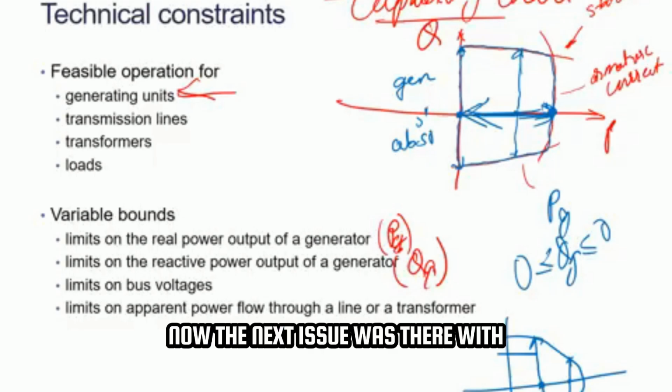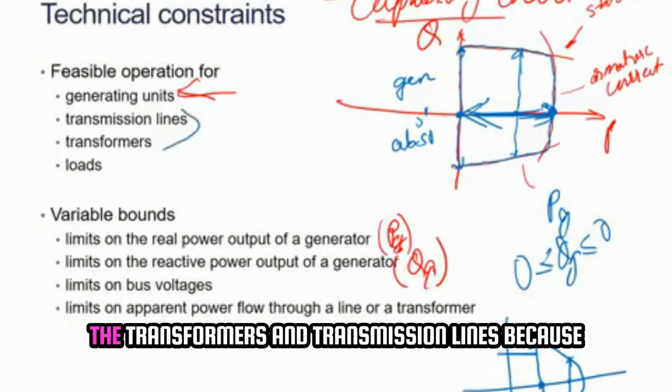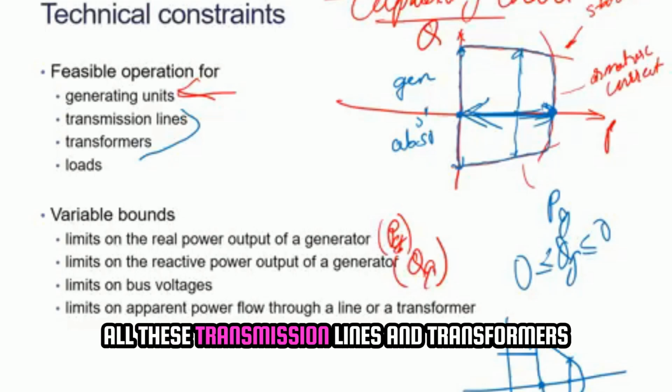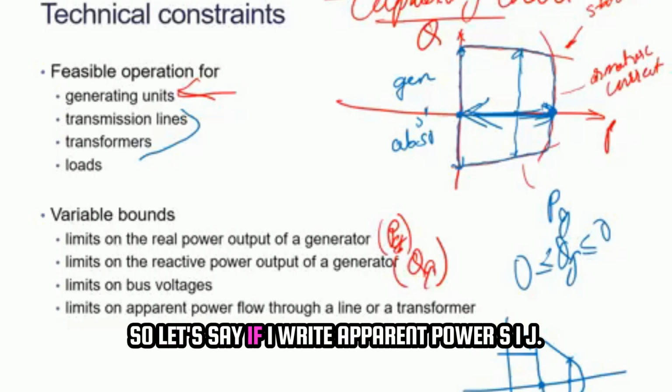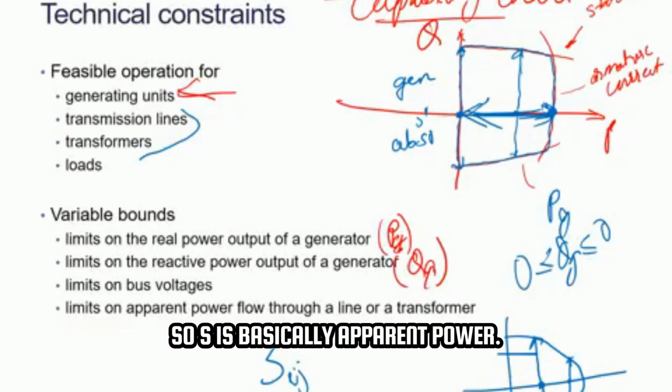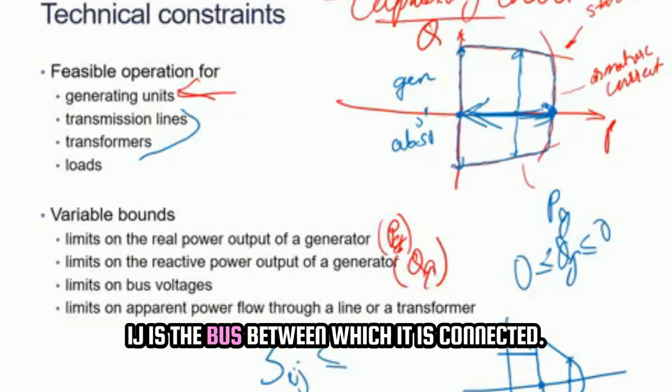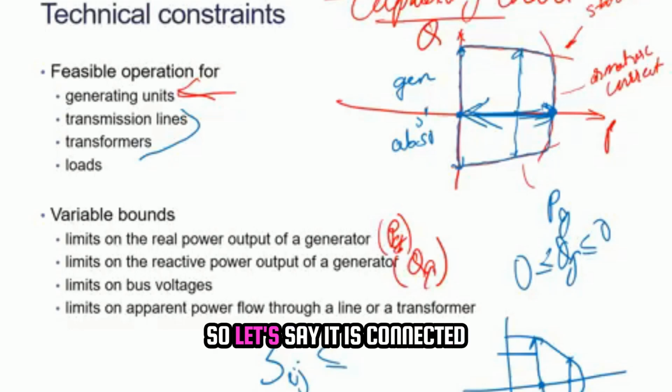Now the next issue is with the transformers and transmission lines, because all of them have some power carrying capacity. If I write apparent power Sij, S is the apparent power and ij are the buses between which it is connected. So if it is connected between bus 1 and 2, it will be S12.